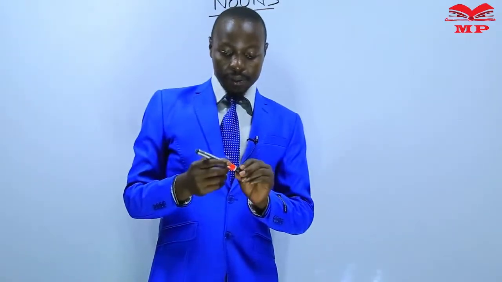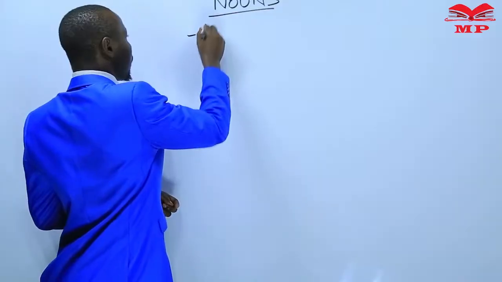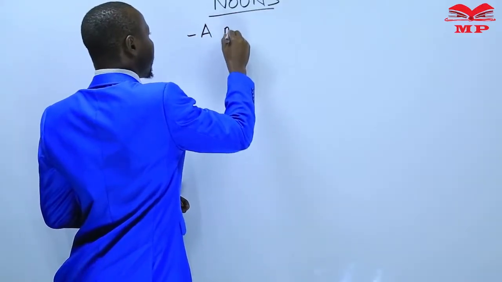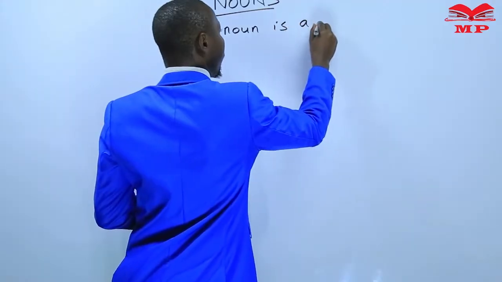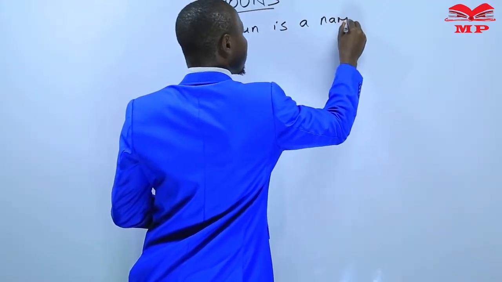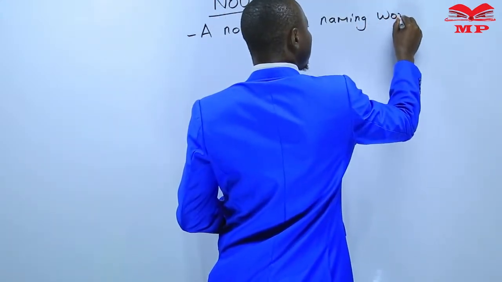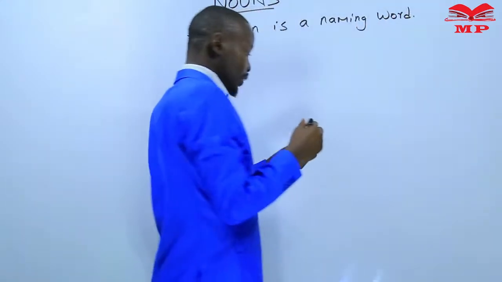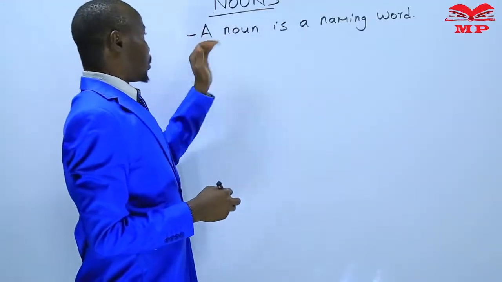So under nouns class, what is a noun? A noun is simply a naming word. So a noun is a naming word. So we can use nouns to give the names of different people.